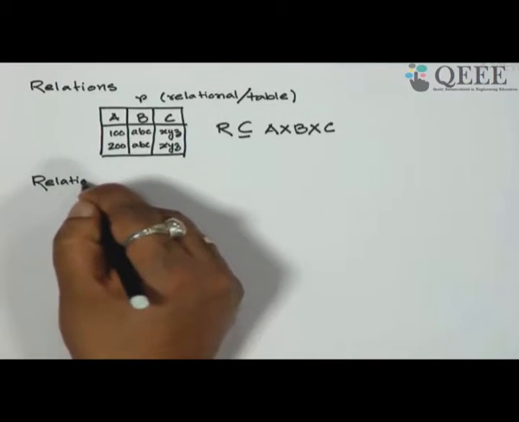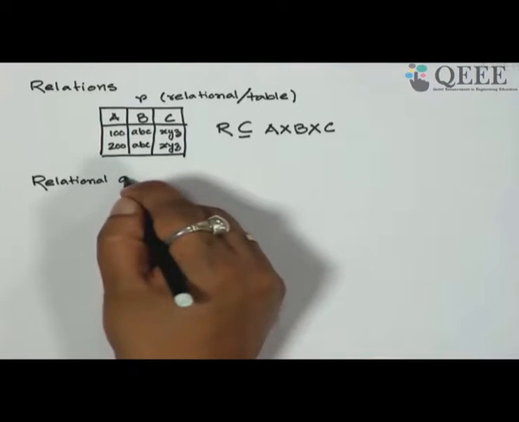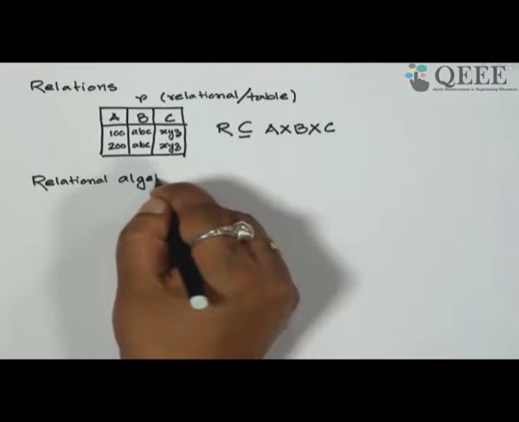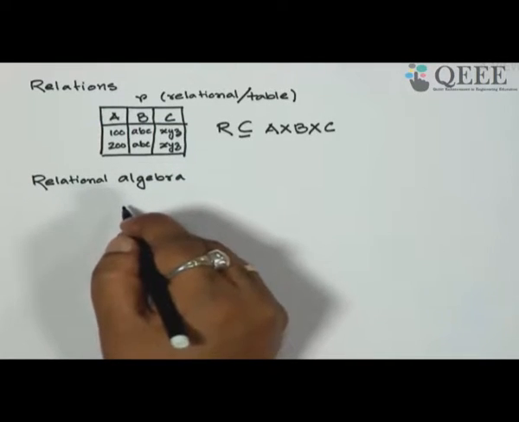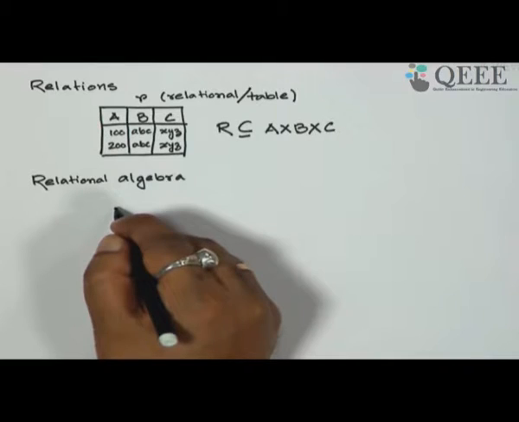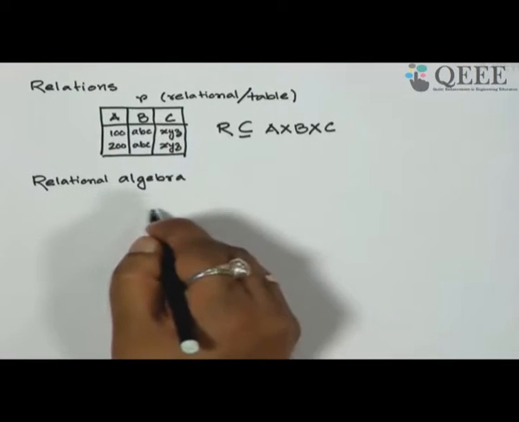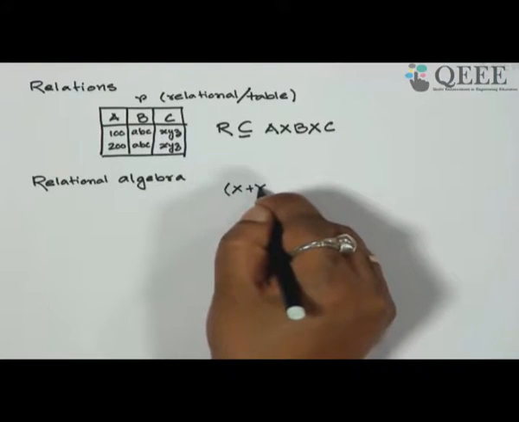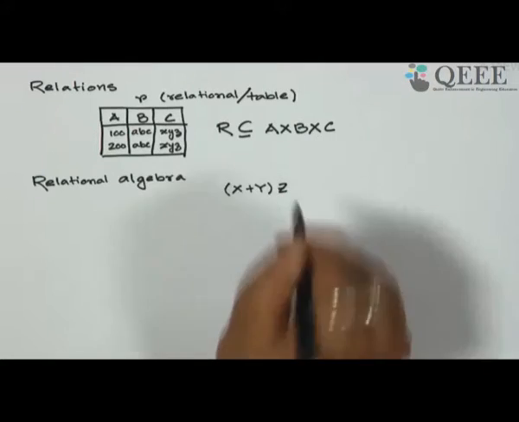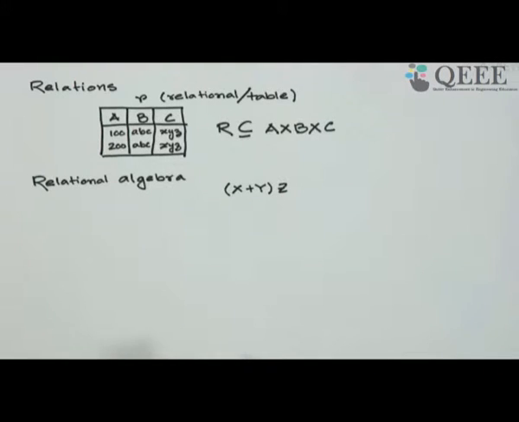relational algebra, where we wrote down expressions using these tables and some relational operators. Just like we have algebraic expressions where you apply algebra operators like plus and star on variables, we have similar relational expressions.